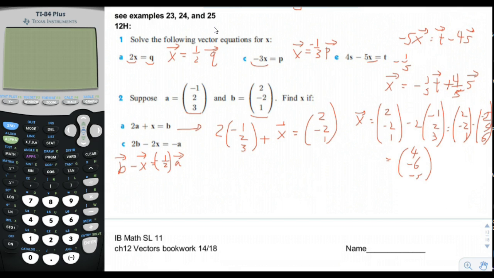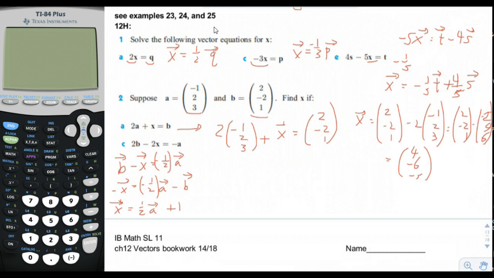We'll move b over here, so we get negative vector x is equal to -1/2 vector a, and then minus vector b. Now we'll multiply everything by negative, so we get vector x is equal to 1/2 vector a plus vector b.